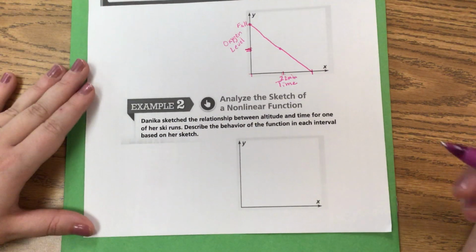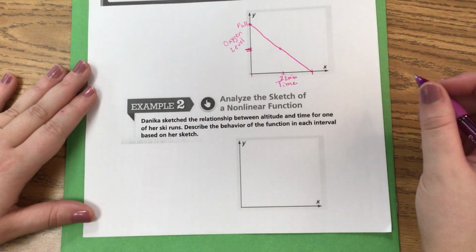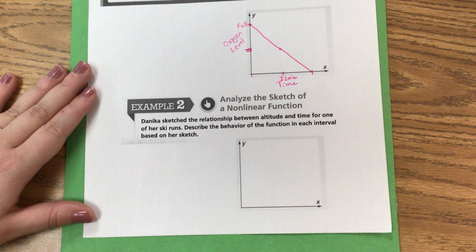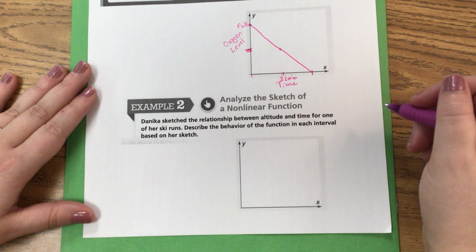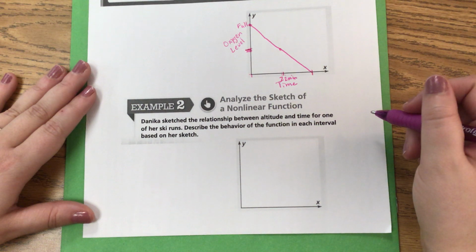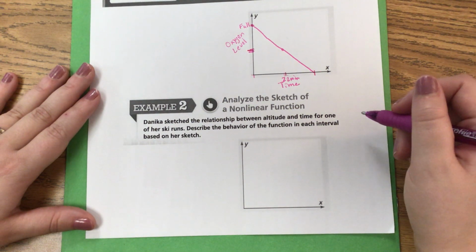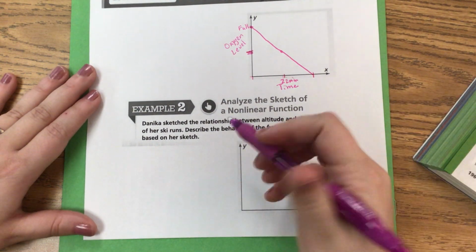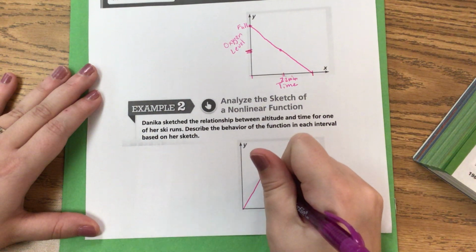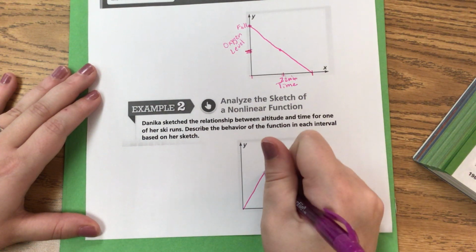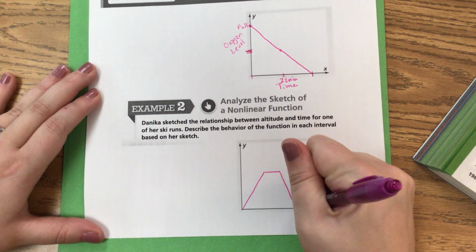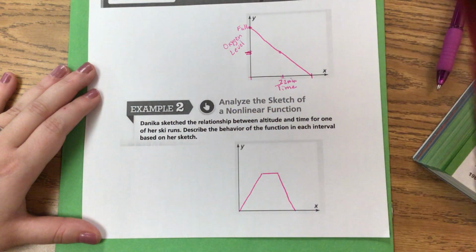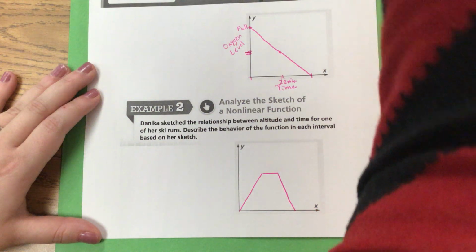The next one says Danica sketched the relationship between altitude and time for one of her ski runs. Describe the behavior of the function in each interval based on her sketch. So this was her sketch. We need to describe this.